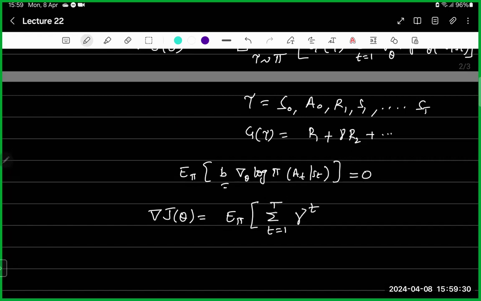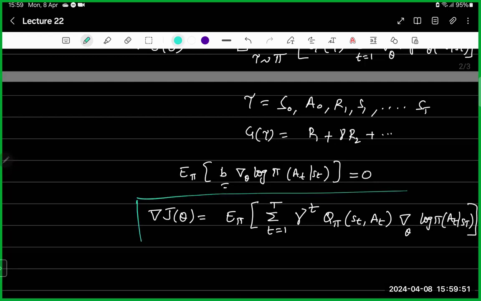Gamma power t into q pi of S_t, A_t, del theta log pi of A_t given S_t. If you are not able to remember all the things, you can just keep this in your mind.